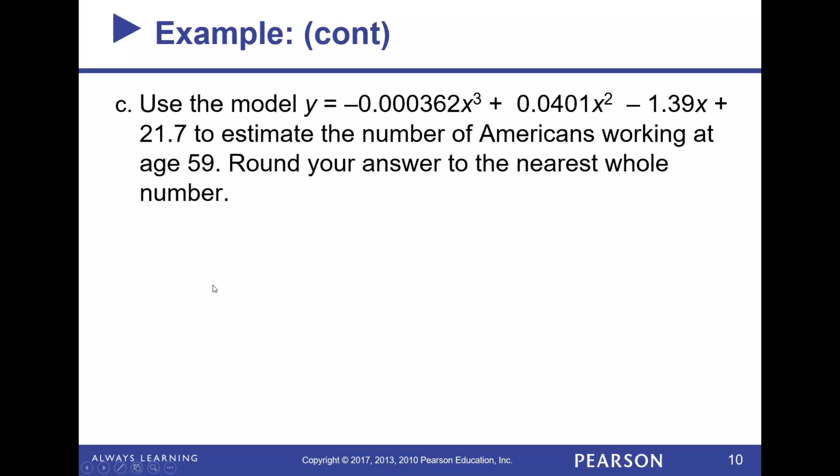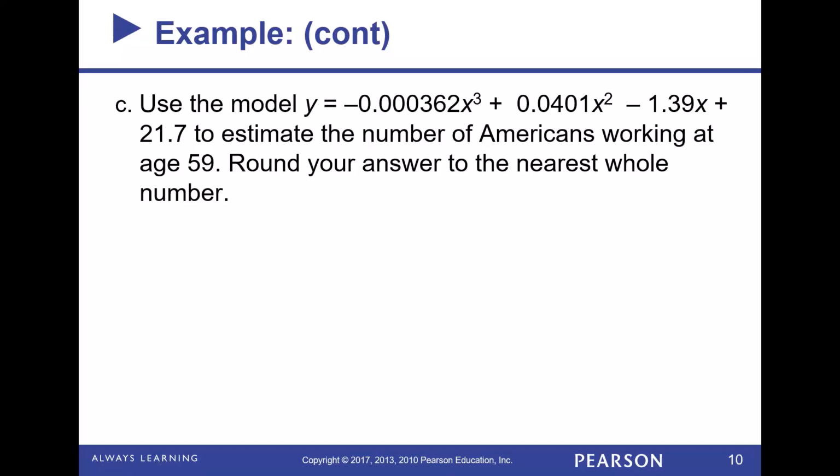Okay, so we're going to take the model and we're going to use that to estimate the number of Americans working at age 59. And again, we're going to round our answer to the nearest whole number here. So basically, remind yourself that at the very, very beginning when we put all our data in, we said X was our ages of people, and this is not needing to make any changes because it's not a year.